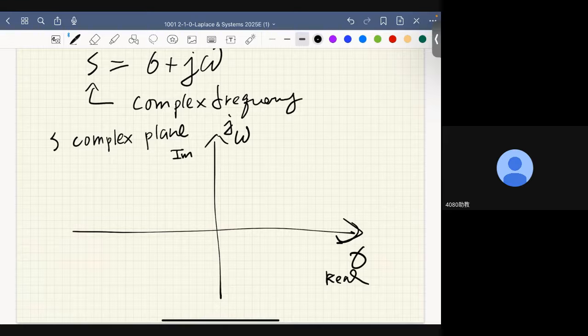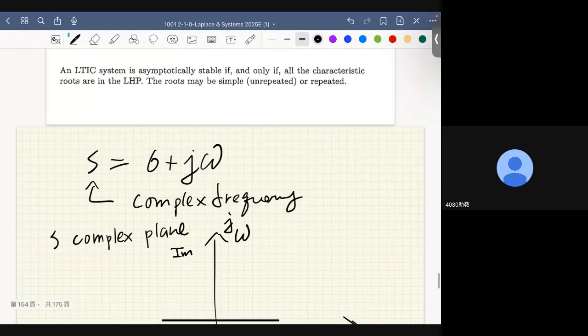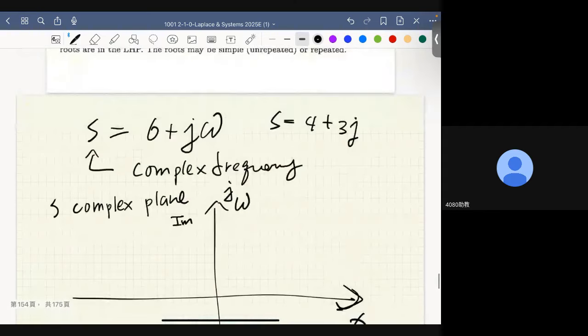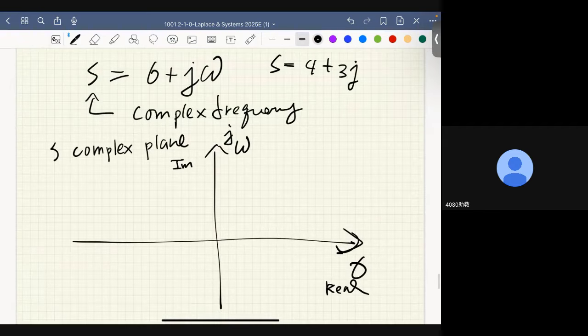So, what do I mean? For example, if S, let's say, is just 4 plus 3j, okay? j is, of course, the imaginary number. Then the location of S is here. This is 4.